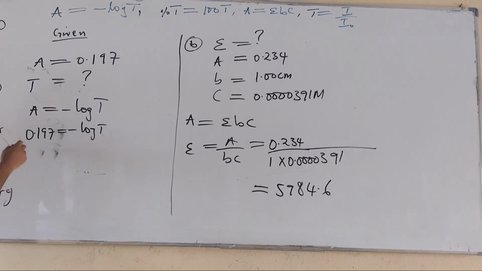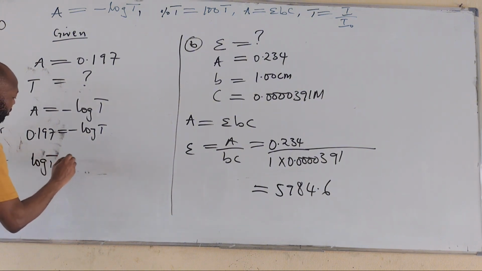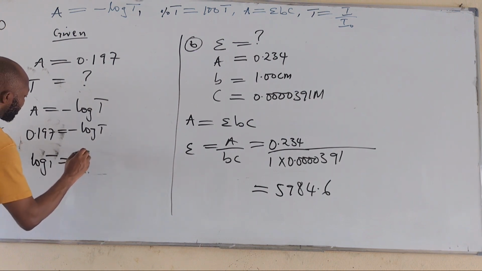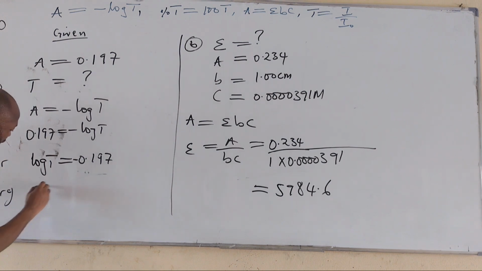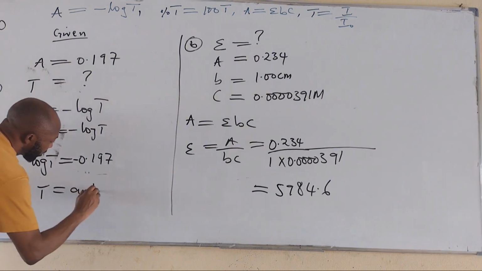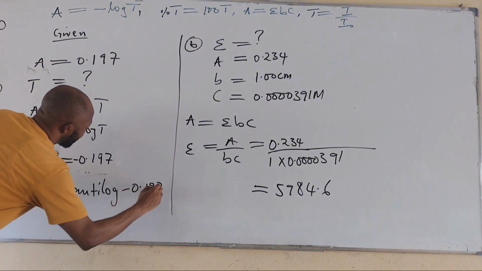So multiply both sides by minus. I have log T is equal to minus 0.197. T is equal to the antilog of minus 0.197.